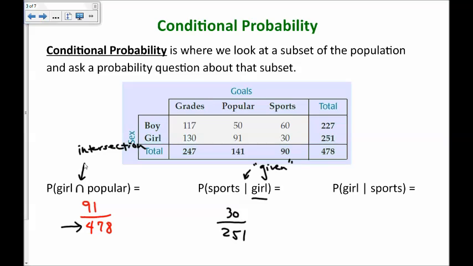In this one, we're looking just at sports. Of the 90 students who said their primary goal was to do well in sports, 30 of them were girls. Those are two very different questions, even though it's the same subset of 30 girls who want to do well in sports. The condition is different, and so the probability is different.